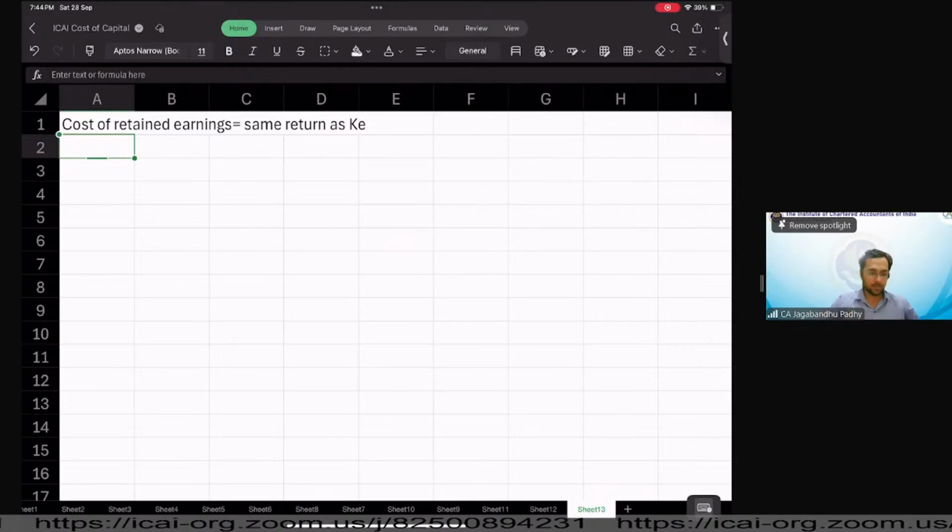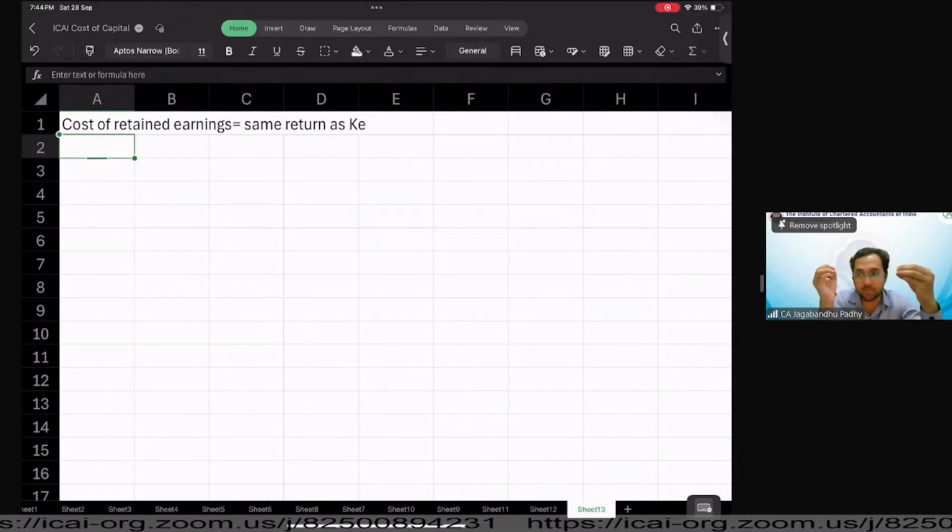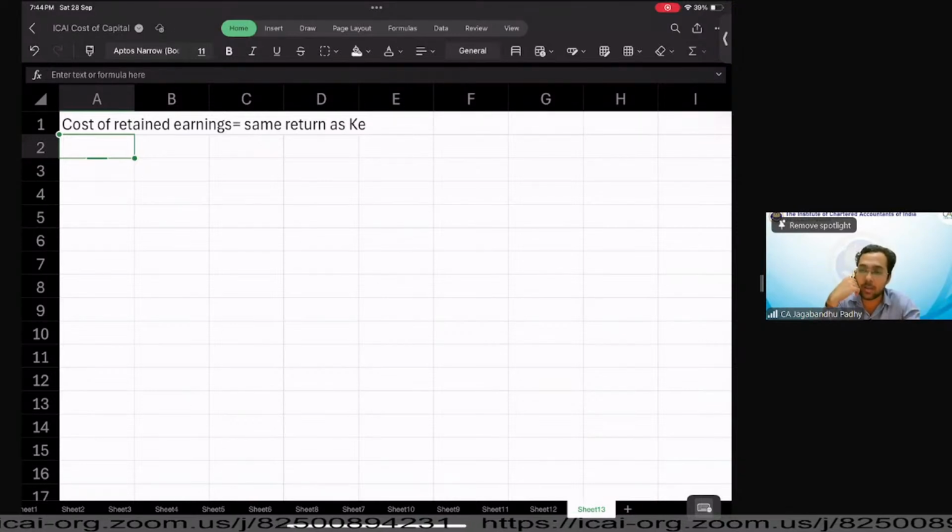Am I right? Let's say I expect 18% on the equity share capital. How much would I expect on the retained earnings? Can I say the same 18%?